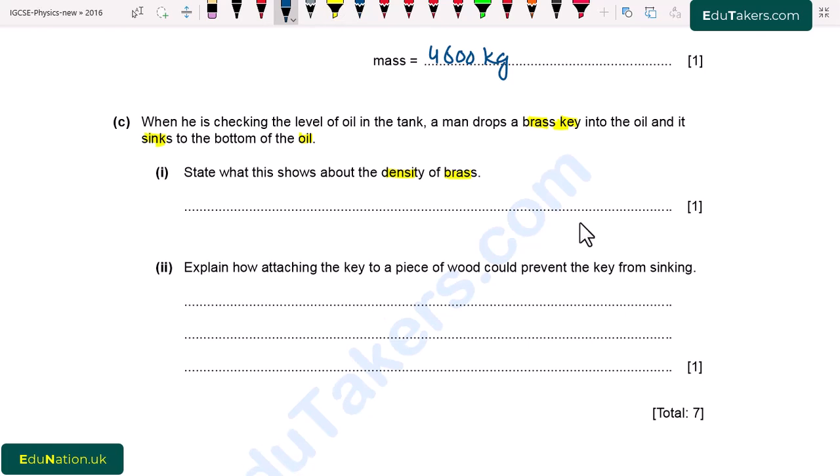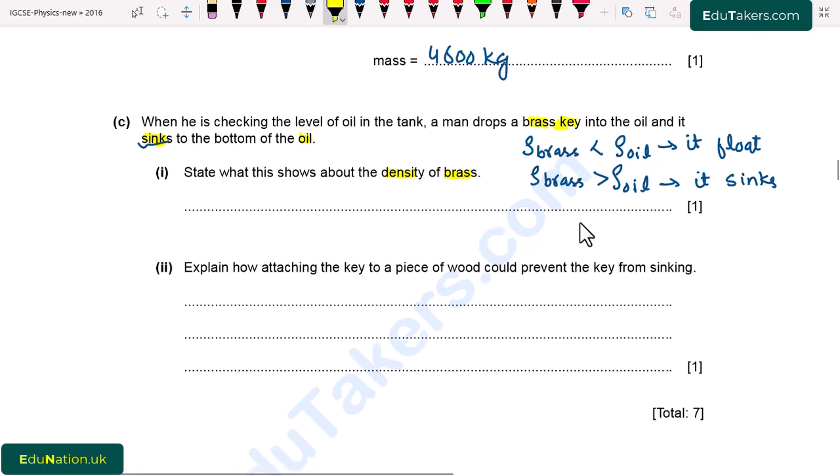First of all, I compare the density of the brass key with the density of oil. If the density of the brass key is less than the density of oil, then this brass key will float. But if the density of brass is greater than the density of oil, then the brass key will sink. Using this concept, here it is given that the brass key sinks.